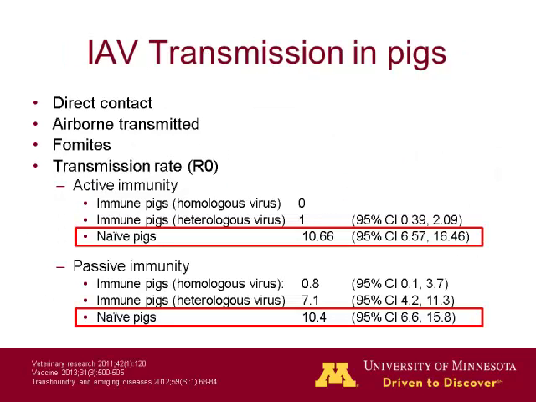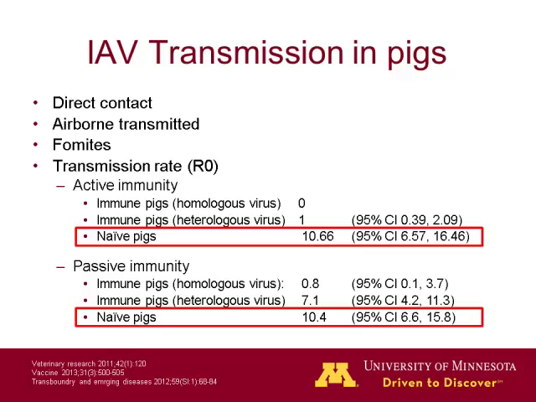To mention a little on influenza transmission in pigs, we know that the main route of transmission is direct contact, but airborne transmission and transmission through fomites have also been reported. The transmission rate is estimated by the R0, which indicates the number of animals that can be infected after a single introduction of a positive animal into a population, and it can have different values depending on the immune status.